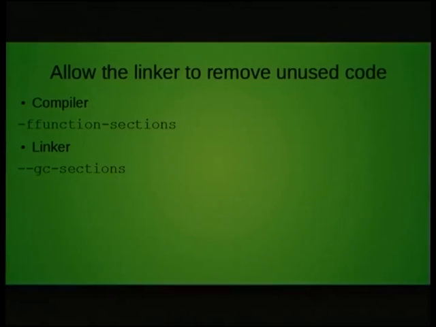In the ELF file that it generates, it creates numerous sections, and typically all your functions get put into a single section. If you specify function sections, every function that you write ends up in its own section. Then when the linker comes along, it can say, well, no one's actually referenced this section, so I can discard the whole thing. The end result is you save a bit of your flash memory usage by discarding those.